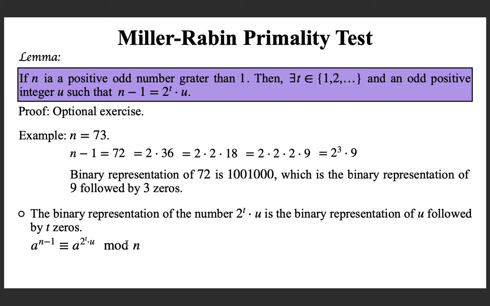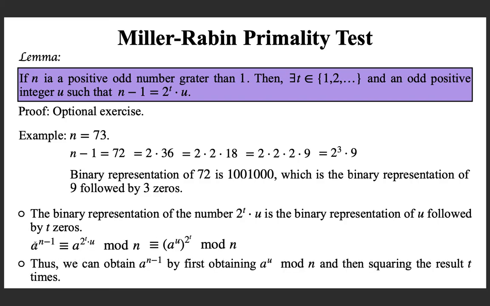Now this I can write as a to the power u the whole to the power 2 raised to t. A to the power mn is nothing but a to the power m the whole to the power n. That is what I am applying.